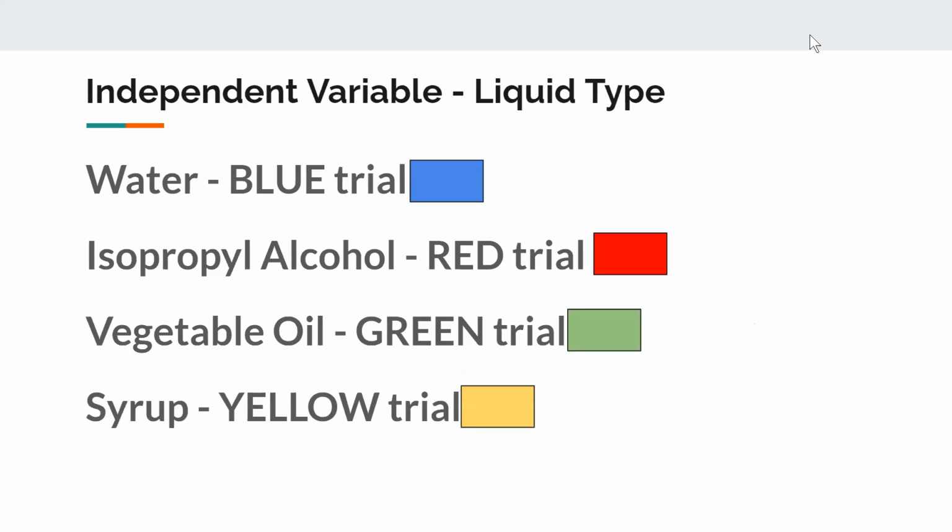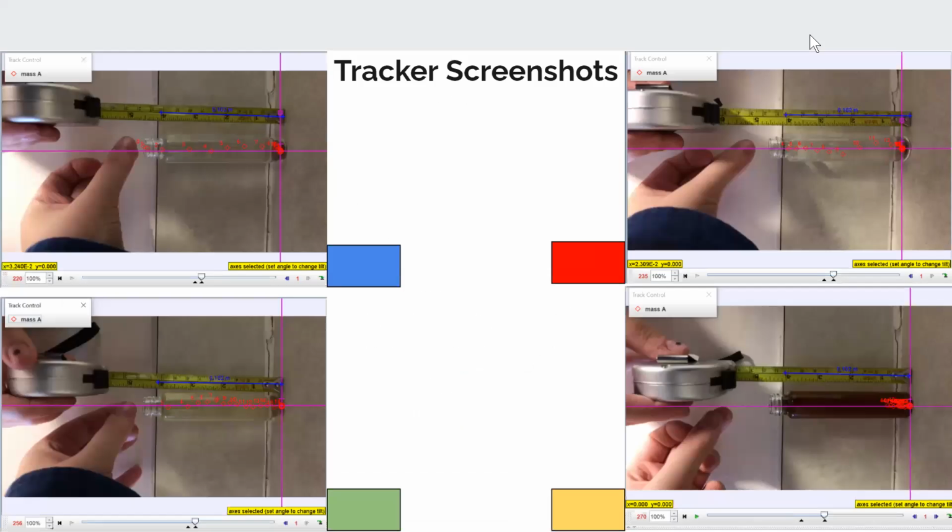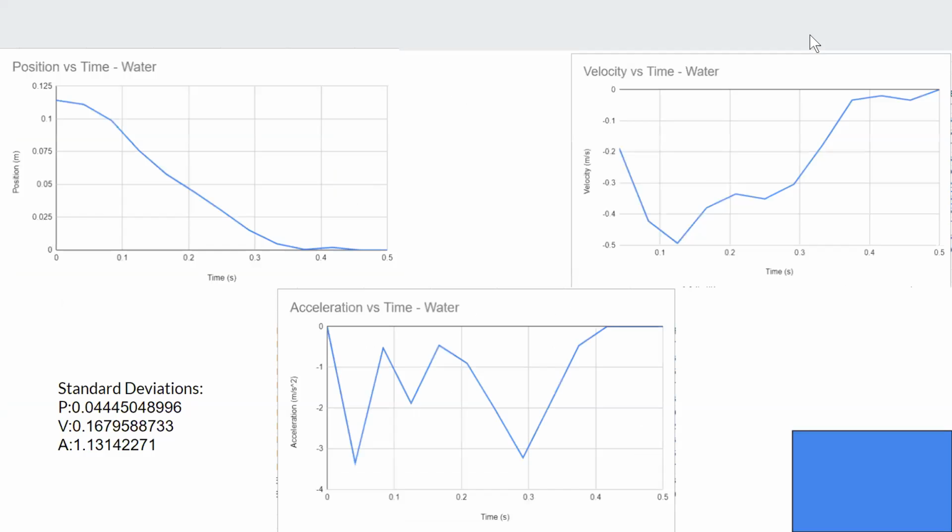So the independent variables were the liquid types in our experiment, and so we used water, isopropyl alcohol, vegetable oil, and syrup, and each of them has a corresponding color for the trial. And this is just a tracker screenshot. So for water, our standard deviations for the position was 0.044, for velocity was 0.167, and for acceleration it was 1.13.